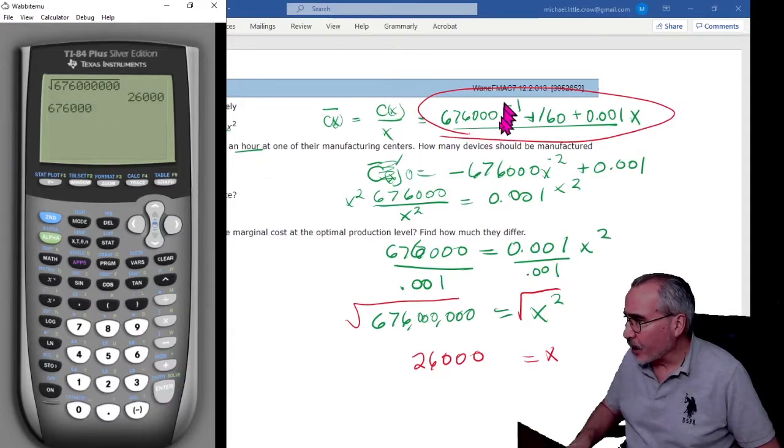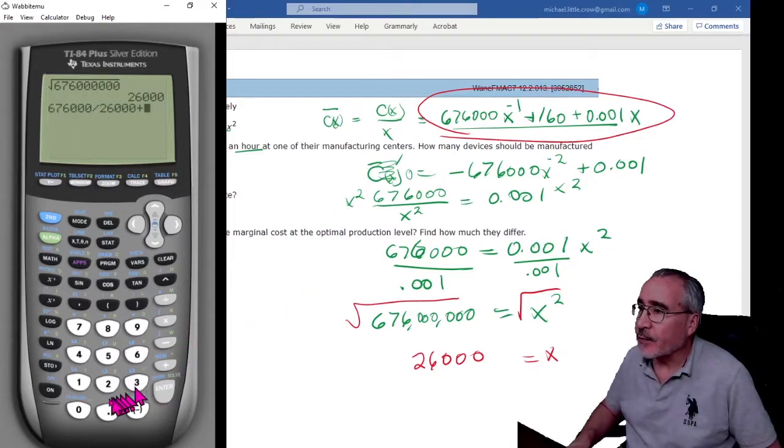And this -1 just means we're dividing by the x. So we'll just divide by 26,000. We're going to add 160 because remember, we're not using the derivative. We are using the actual average cost function. Add the 160.